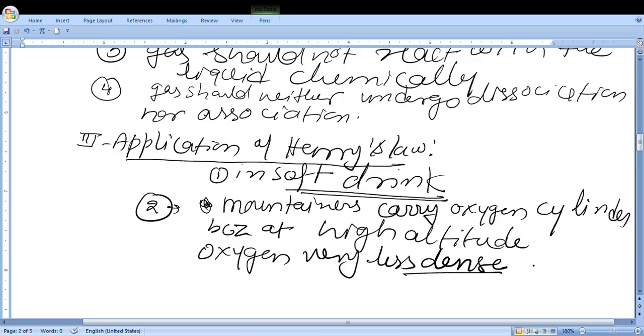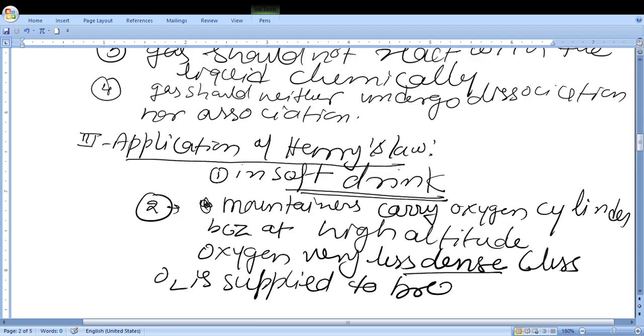It means less oxygen is supplied to the brain during breathing.